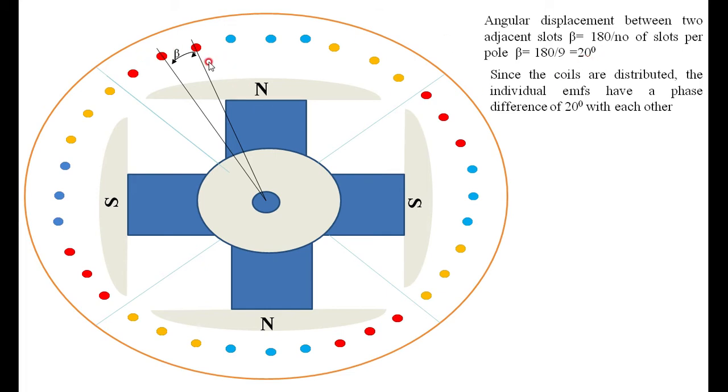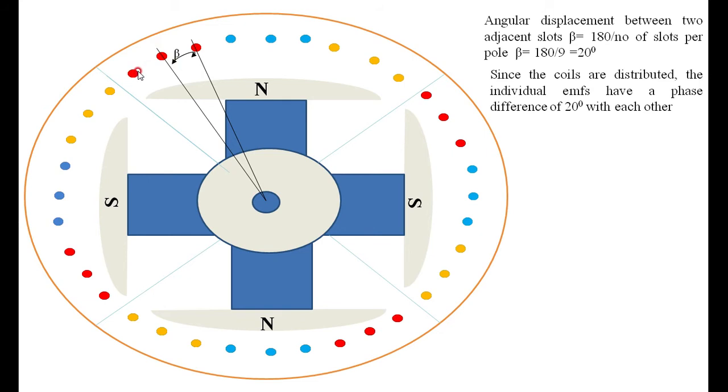Then how do we find the slot angle? The slot angle beta is equal to 180 divided by the number of slots per pole. One conductor is placed in slot number 1, the second conductor in another slot, and the third in another slot, all of the same phase.